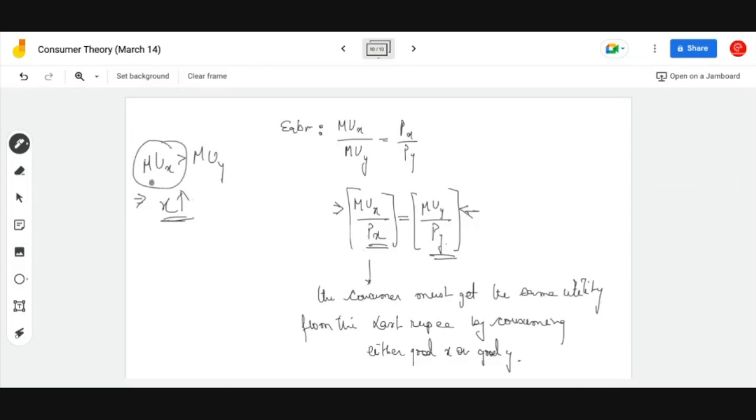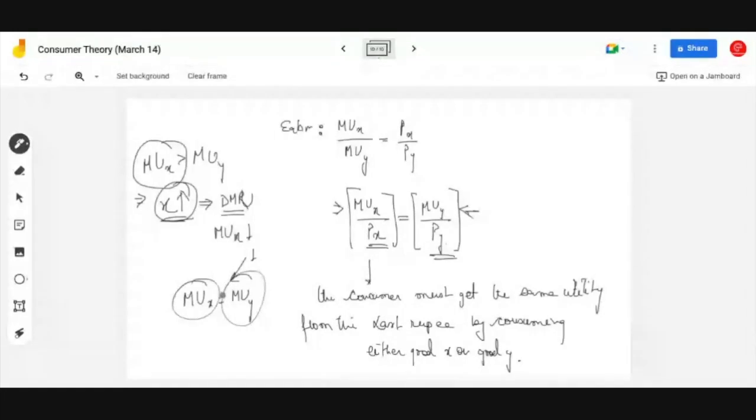But as you keep on increasing good X, due to diminishing marginal utility, MUX will keep on decreasing. So it will come to a point where your MUX per rupee will be equal to MUY per rupee. So this principle is known as the equimarginal principle.